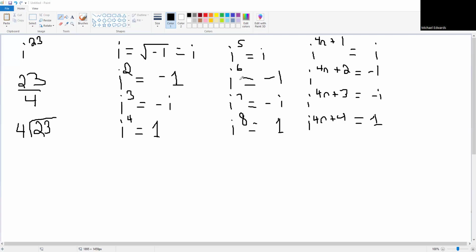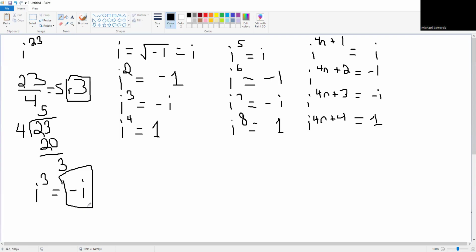It is 5. What's 4 times 5? That's 20. And that leaves 3. So it equals 5 with a remainder of 3. This remainder is what we take and write our i down with. So i to the third equals, says right here in our chart, negative i. And there is your solution.